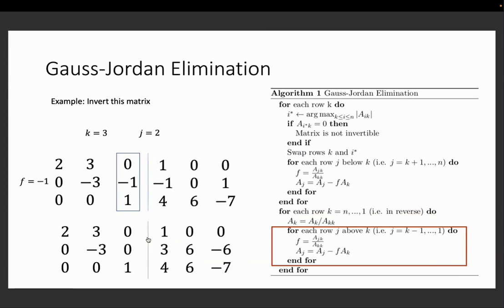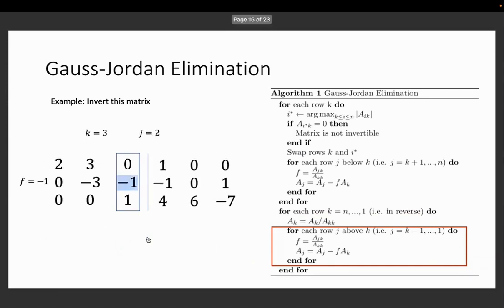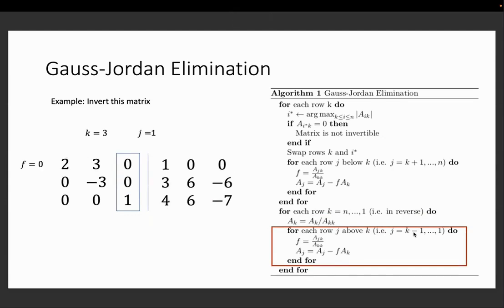Another j, because here the j was equal to 2, which was k minus 1, and then we go to j equals 1.